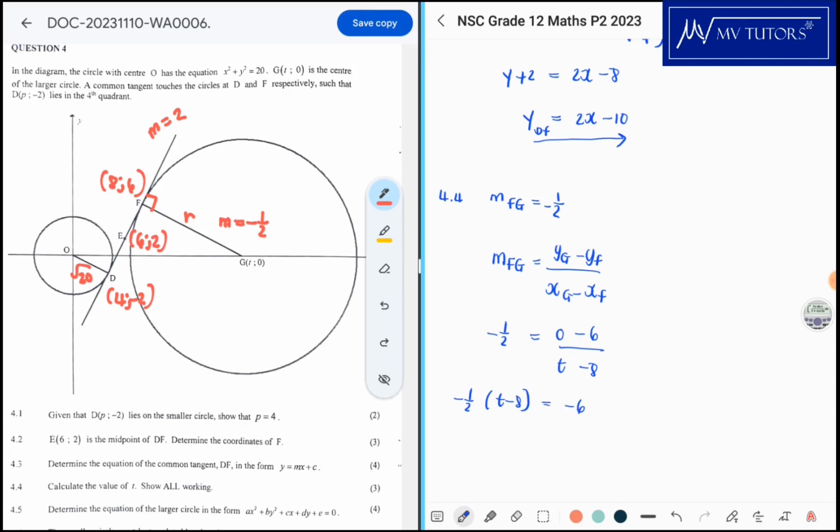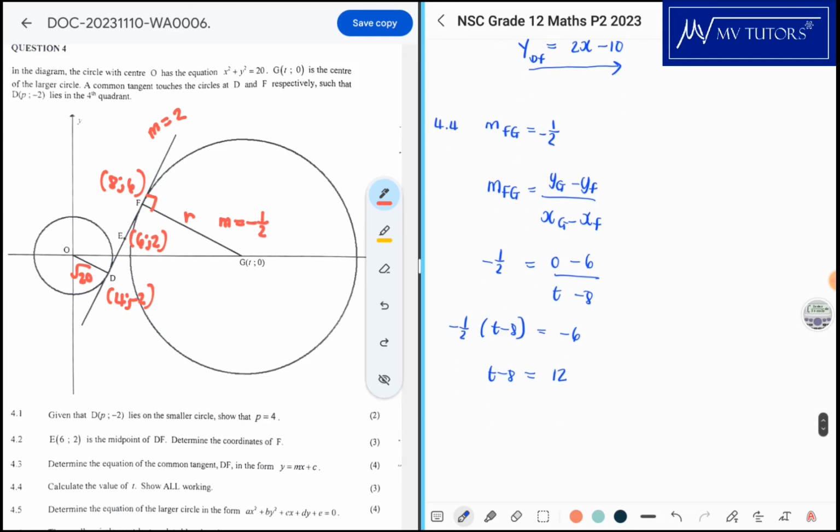And then if we take the half to the other side, we're basically going to multiply by 2 both sides, and you get rid of that negative as well. So t minus 8 is actually 6 times 2, that would be 12. So now, if we take 8 to the other side, it would be 8 plus 12, which is what? 20.